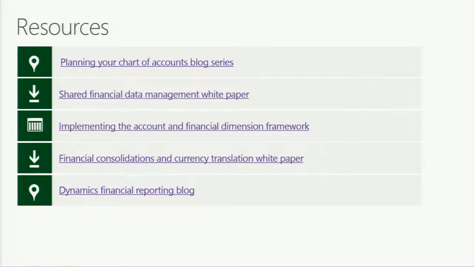There's a planning a chart of accounts blog series, a shared financial data management white paper, and implementing the account and financial dimension framework. All of this information is available to help you determine what the best approach is for you, including consolidations, and then also the financial reporting blog.